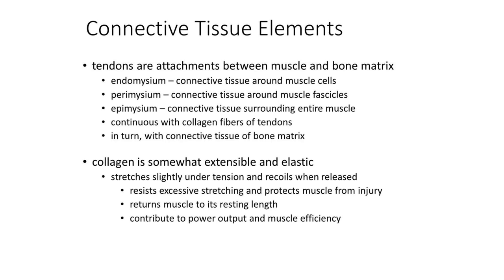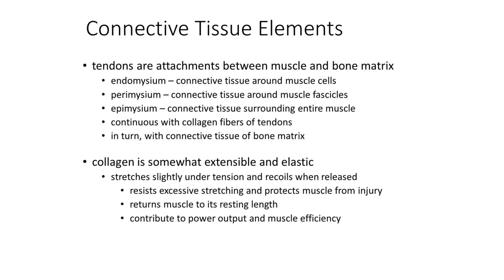We have a perimysium, which is the connective tissue around muscle fascicles. We have an epimysium, which is the connective tissue surrounding the entire muscle. And these layers can be continuous with collagen fibers of tendons, and in turn with the connective tissue of bone matrix.